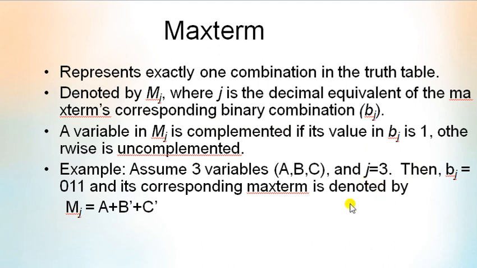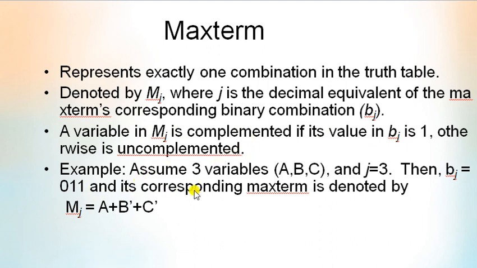Consider this example, bj is equal to 0, 1, 1. The second value is 1. When the value of bj is 1, we'll write the complemented value, that is B dash. When the value in bj is 0, we will write the uncomplemented value, that means A. A variable in Mj is complemented if its value in bj is 1. Otherwise, it is uncomplemented.